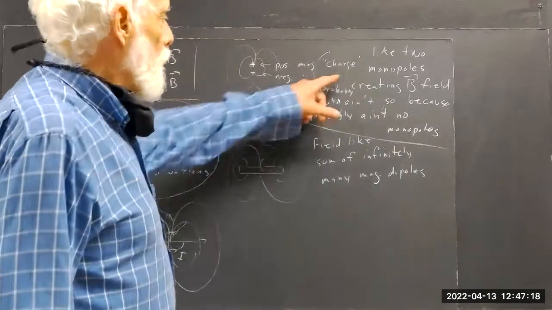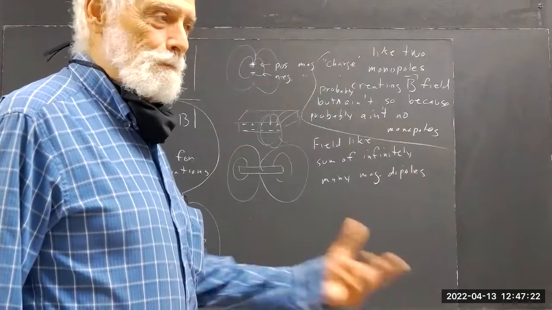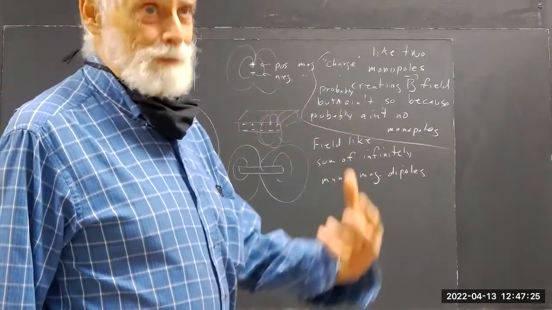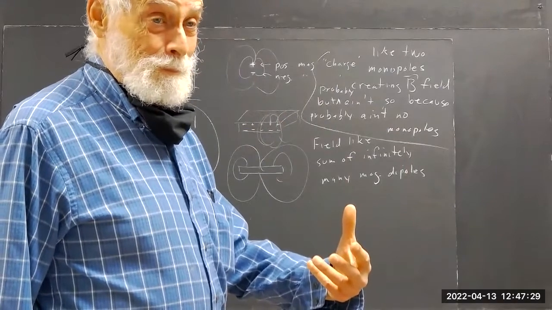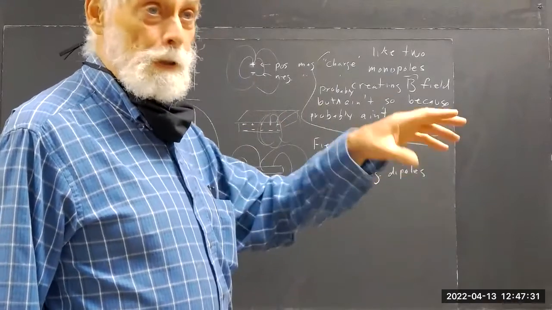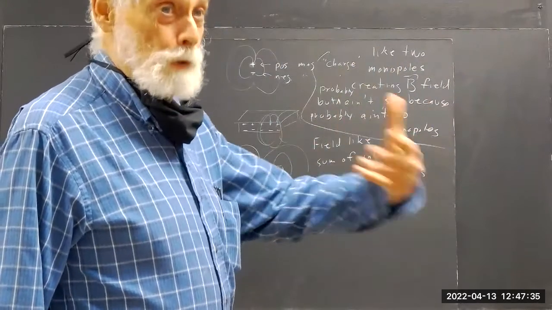I say, but probably ain't so, because probably ain't no monopoles, to put it in formal scientific language. Okay, and you got to say it like that, like you're at a big conference and presenting really high level research. You got to talk the right way.